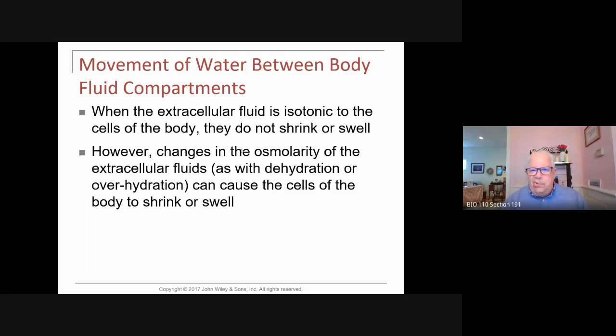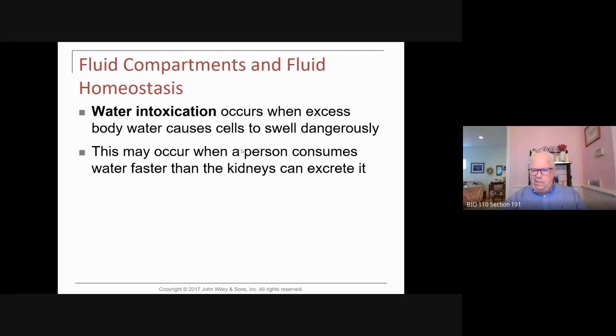If there is too little water in your body, your cells will shrink. If there is too much water in your body, your cells will swell. That is extremely important to understand. And when your cells swell, they eventually burst. So that's not good. Neither is shrinkage.